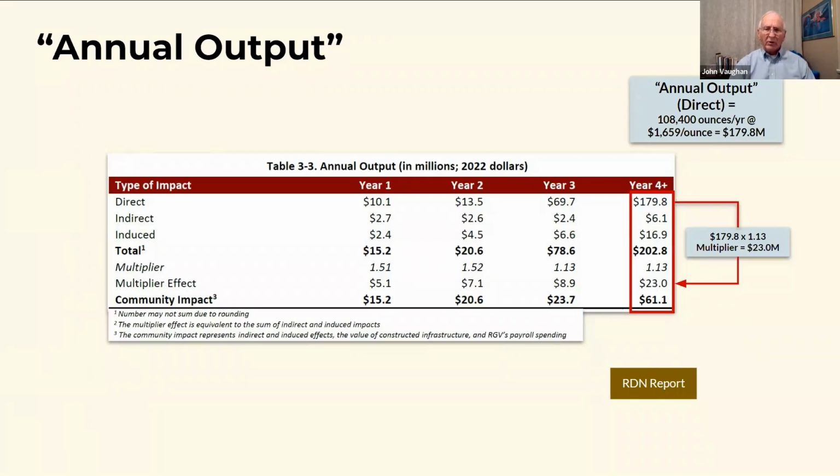The IMPLAN software uses a multiplier of 1.13 to estimate that there will be an additional $23 million in local spending or community impact generated from Rise's total revenue. What the 1.13 multiplier means is that for every dollar of revenue generated, there will be 13 cents spent in Nevada County. Next slide, please.